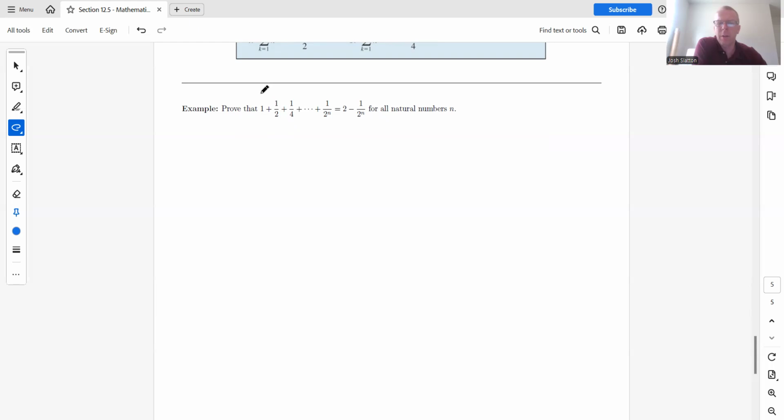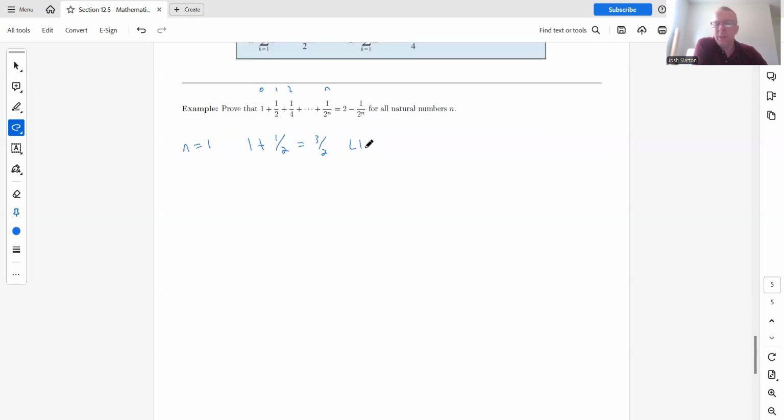So there's n equals 0, n equals 1, n equals 2, n equals n. So we actually have n plus 1 terms here. So let's try for n equals 1. So that would be 1 plus 1/2, and that would equal 3/2.